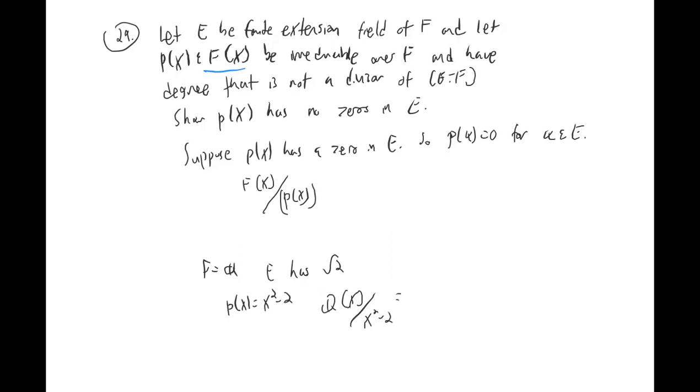F(alpha), right? This is Q(root 2). If they didn't tell me it was irreducible, I would have to write the irreducible polynomial of alpha over F. But they tell us P(X) is irreducible and it has a root. X squared minus 2 does not have multiple roots. The roots are negative root 2 and root 2.